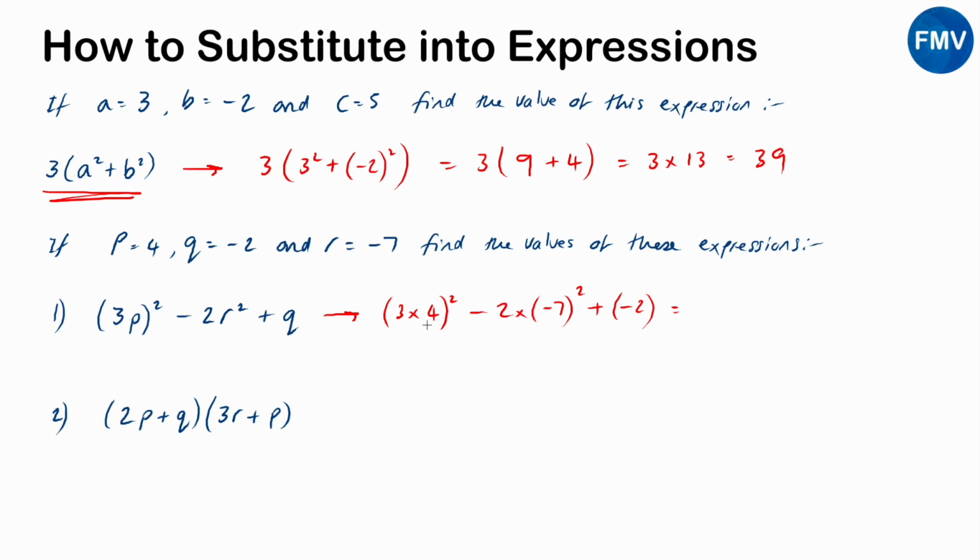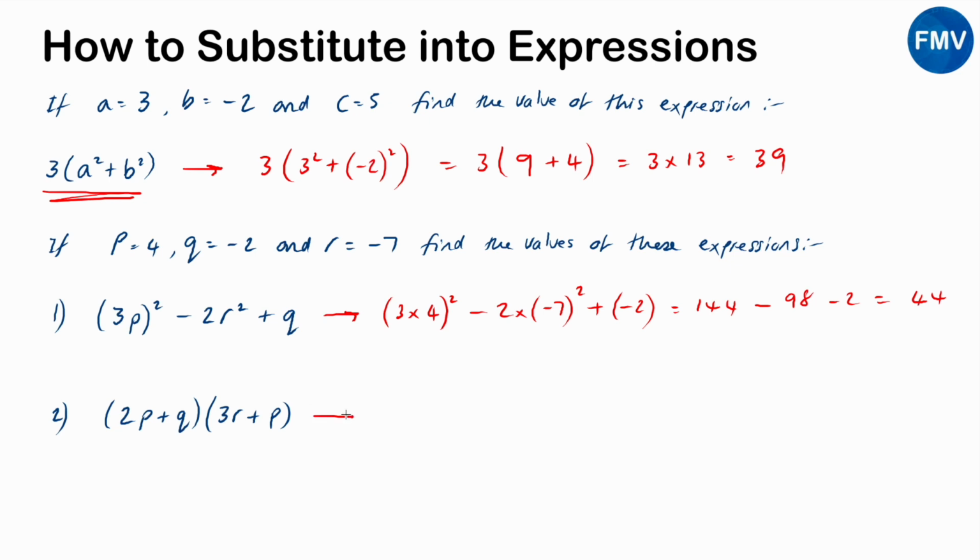Well, 3 times 4 is 12, and 12 squared is 144. Minus 7 squared, and minus times a minus is a plus. 7 times 7 is 49. And 2 times 49 is 98. So that's minus 98. And finally, a positive next to a negative becomes a negative, so that's negative 2. So we've got 144 minus 98 minus 2. And that is just 44.